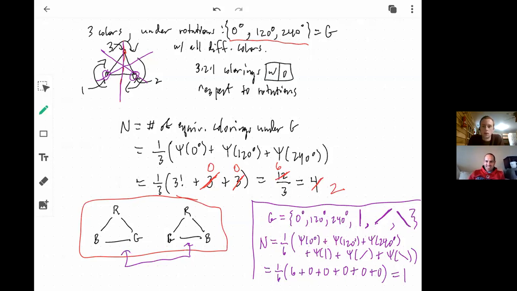Does that make sense? It's not going to be the same answer as in the other group of symmetries. It's just going to be the right answer for that particular one. So if I take a subset of the group, it's going to give me the right number of equivalent colorings under that new collection of group elements.